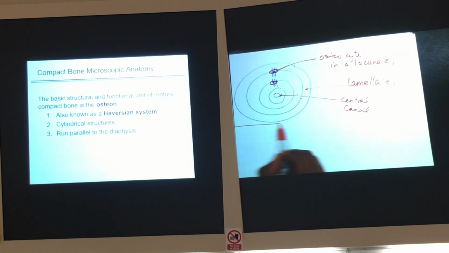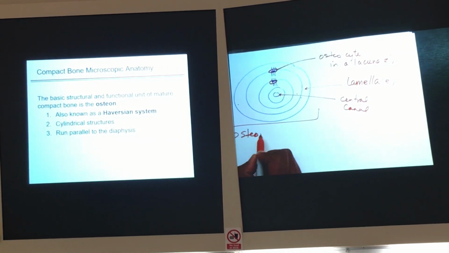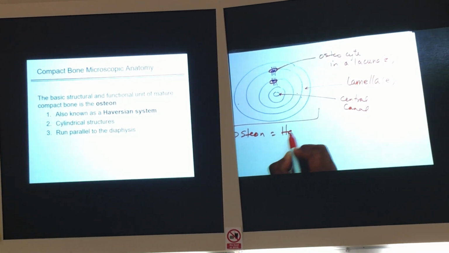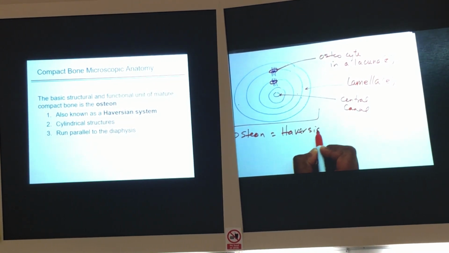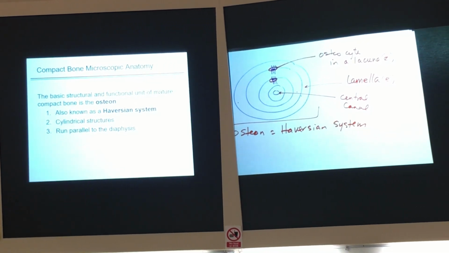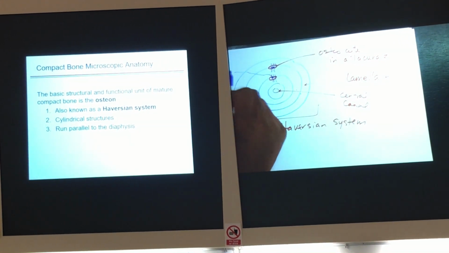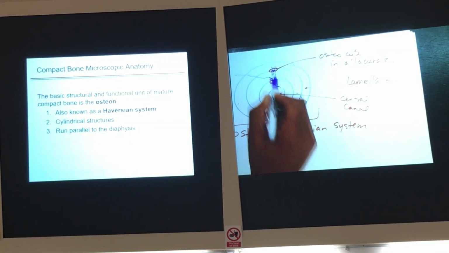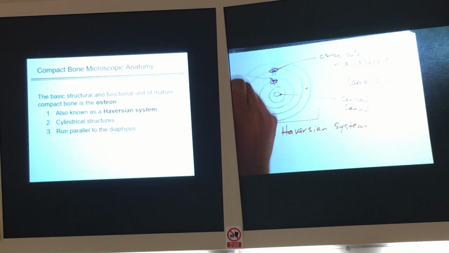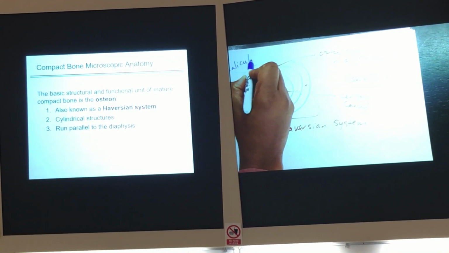The whole structure is called osteon or Haversian system. And this structure is called where they connect, canaliculi.